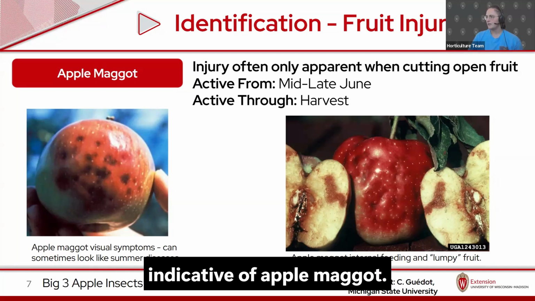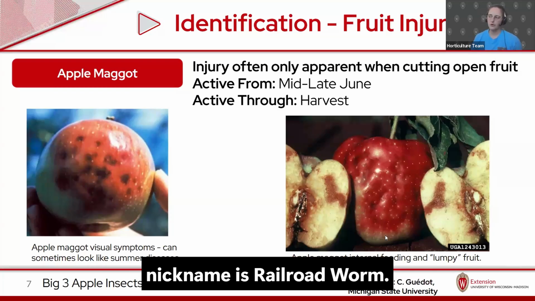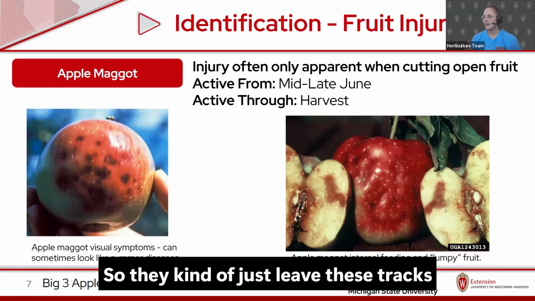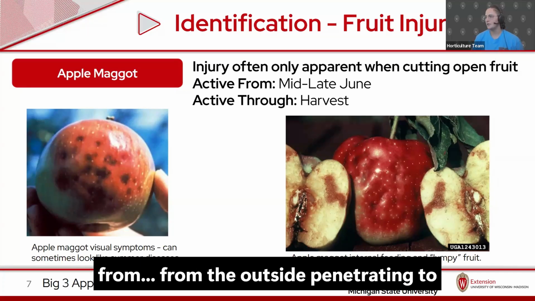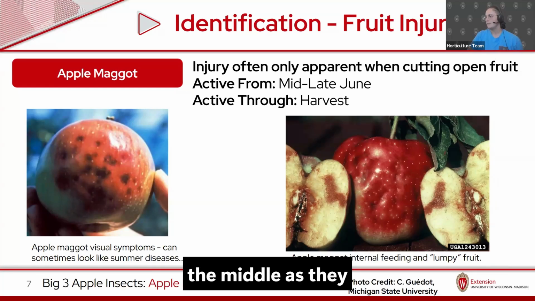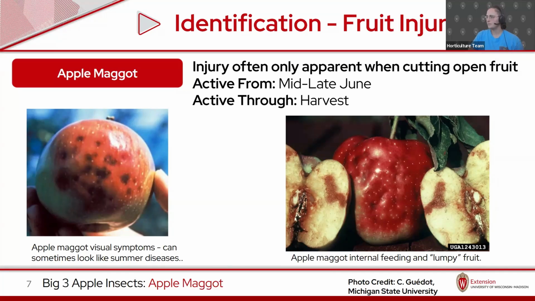That's very indicative of apple maggot. And again, that's why their nickname is railroad worm. They leave these tracks through the apple, usually starting from the outside, penetrating to the middle, as they make their way eating on the flesh of the fruit.